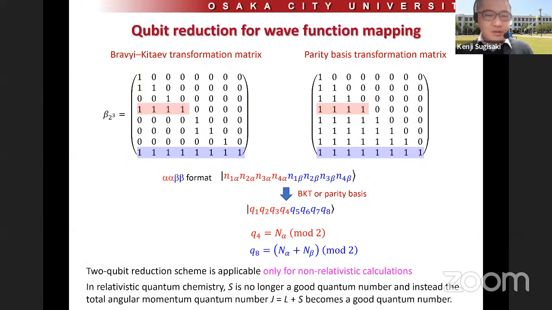And also I would like to say that this kind of 2 qubit reduction scheme is applicable only for non-relativistic calculations, because in relativistic quantum chemistry, the spin quantum number s is no longer a good quantum number. Instead, we have to think about the total angular momentum quantum number j equals l plus s. So in relativistic cases, j becomes a good quantum number.